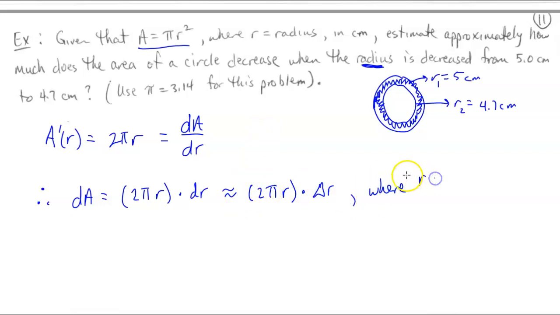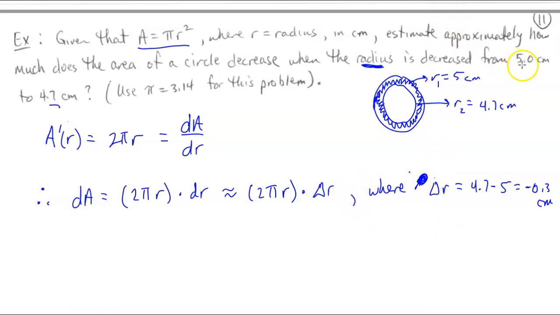Now the change in r is going to be, we end up at 4.7. We started off at 5. And of course, that's a difference of 0.3 centimeters, okay? And of course, that's in the negative direction since we went from larger to smaller.